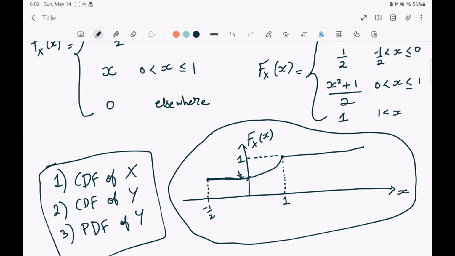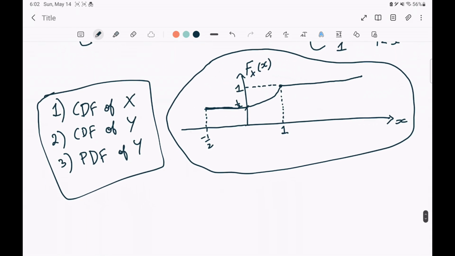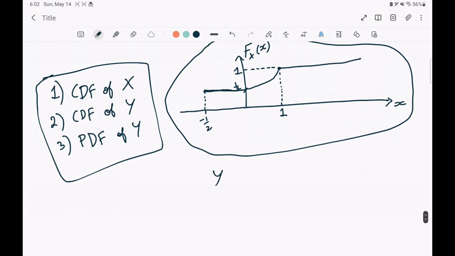Now let's define a random variable y such that y equals x square. In the previous examples, we had taken the domain of x to be strictly greater than or equal to 0. So there was no probability density where x could take negative values.